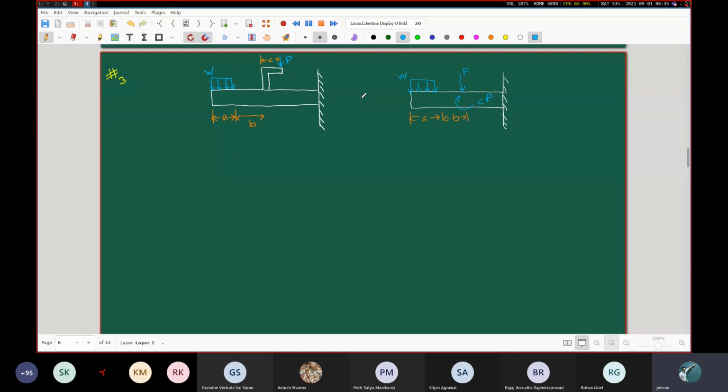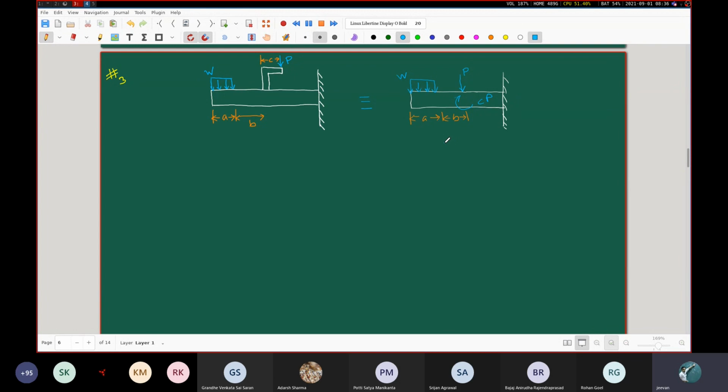So you understand that we have taken this original mechanical system and taken an equivalent form of that mechanical system. This is an extremely important part, which is why I made it a point not to discuss this as part of a bigger problem, but to discuss this conceptual thing separately.